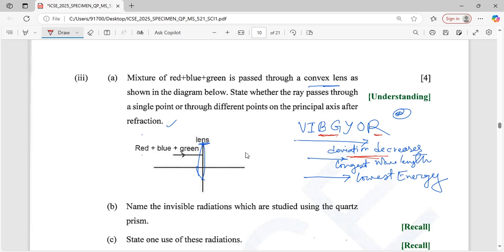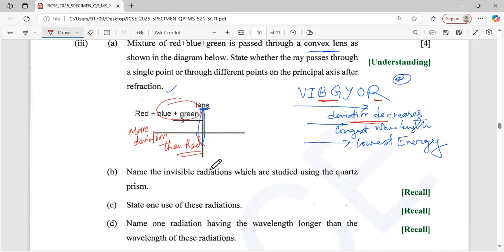So blue and green have more deviation than red.